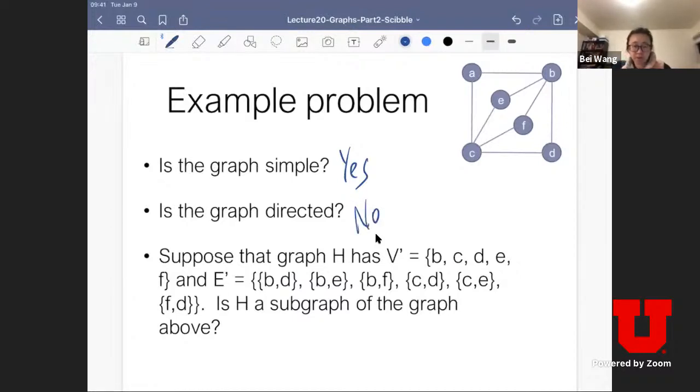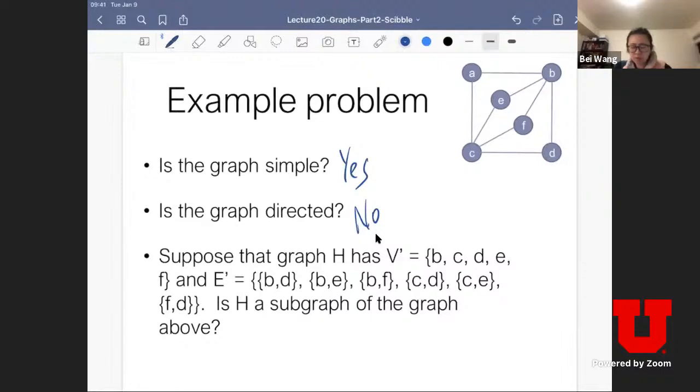Everything's undirected. Now the question is, if I have a graph H that has vertices B, C, D, E, F, and edges that are given, is H a subgraph of G?